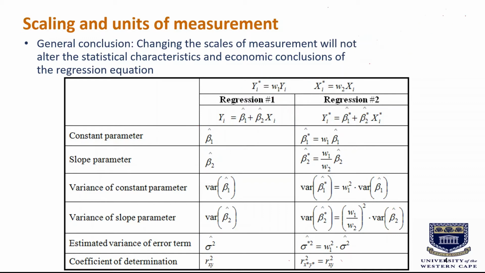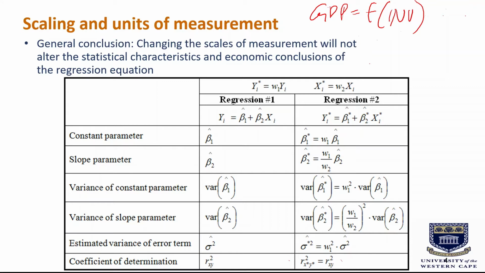So in the example we're looking at, where we have GDP as a function of investment, we estimated our model with the measurement unit rands trillions. So both GDP and investment were measured in trillions, okay?